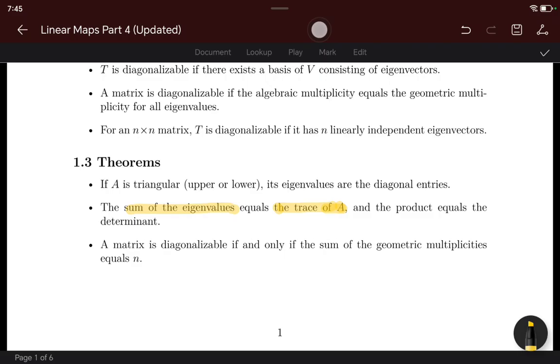Guys, how do we find the trace of A? How do you find the trace, guys?